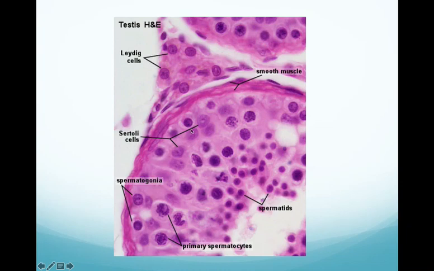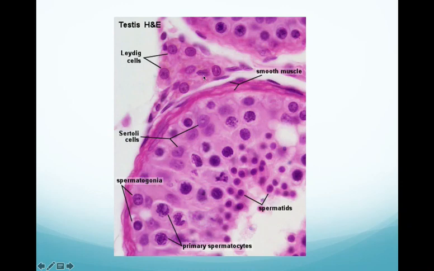And the Sertoli cells form what's called the blood-testis barrier. And what that means is that they're maintaining an environment inside the seminiferous tubule that's dramatically different than the environment outside. And that's essential to spermatogenesis, the production of these spermatids and then eventually sperm, right? The viable gametes.